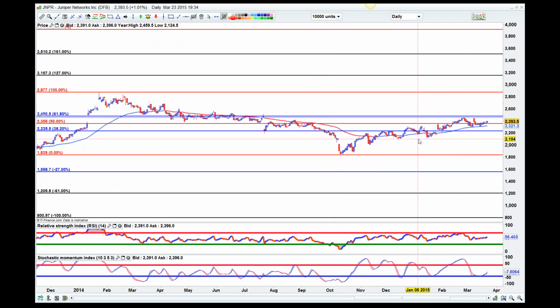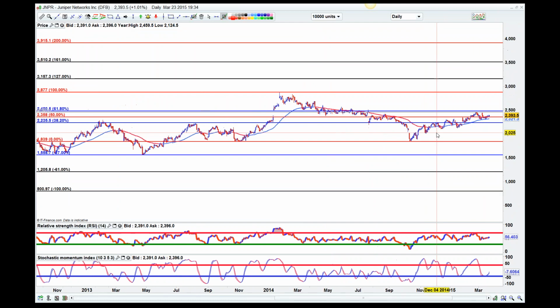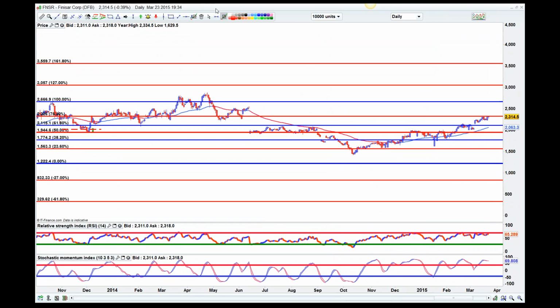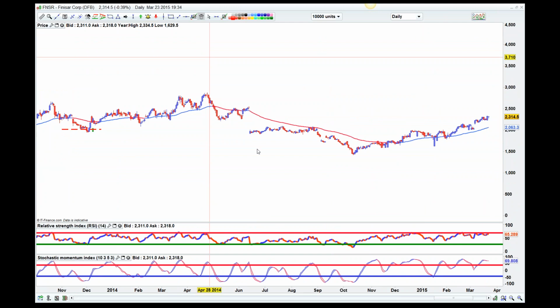So this one's been picking up since January anyway. Computer network outfit. Let's look at another one. That's already gone. A bit of a choppy chart there.